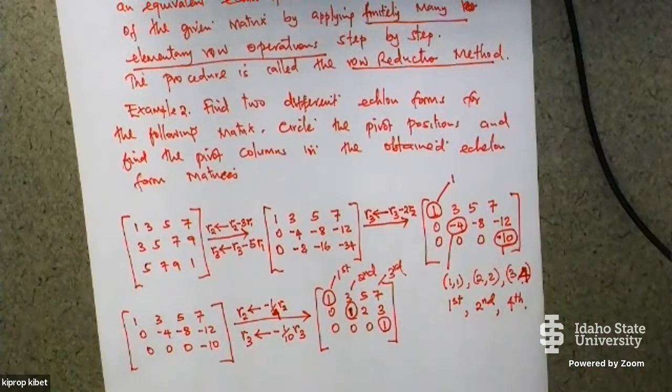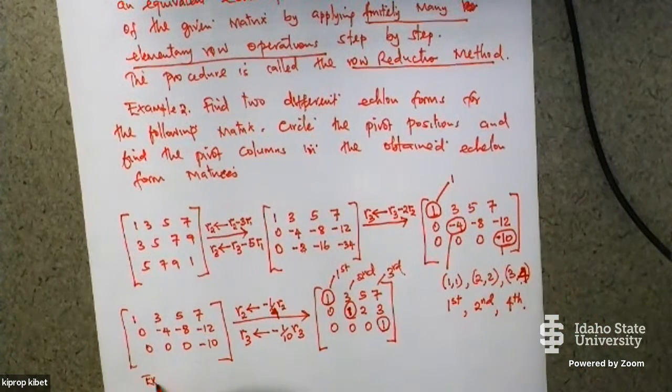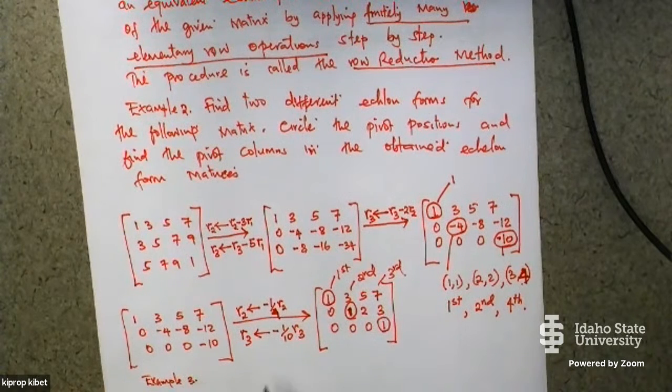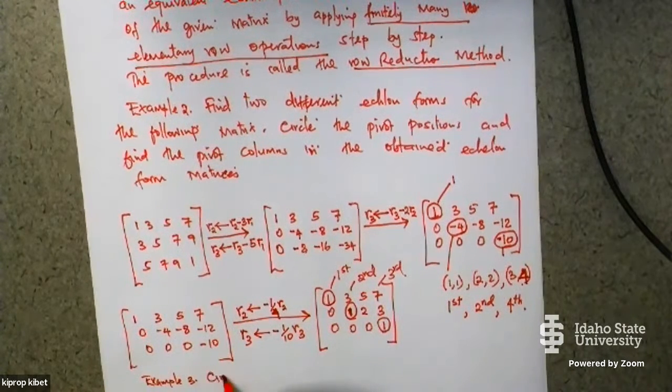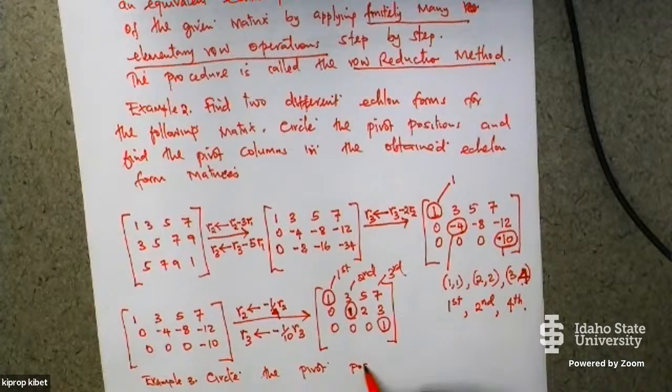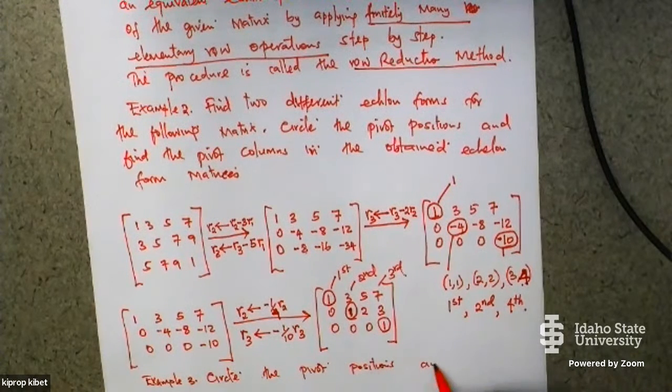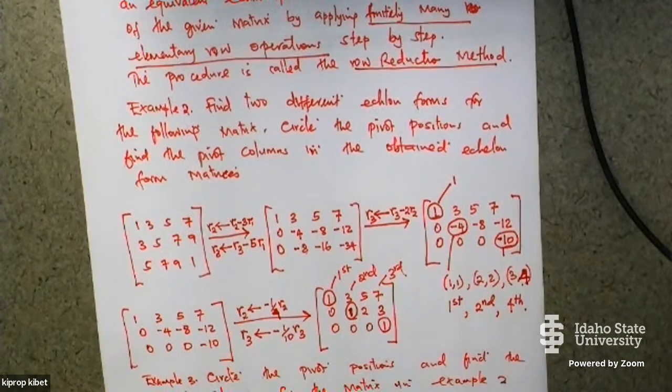Okay, now example number 3. If you are asked to circle the pivot positions and find the pivot columns for the matrix in example 2.